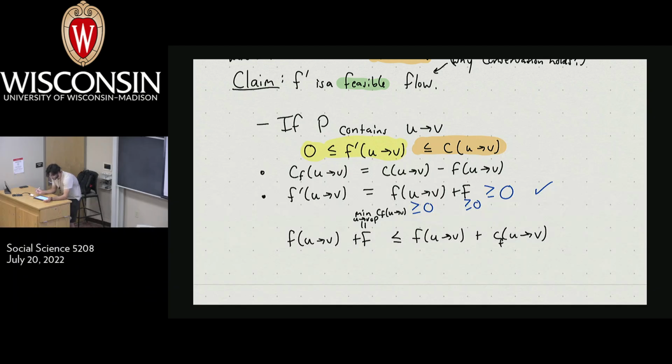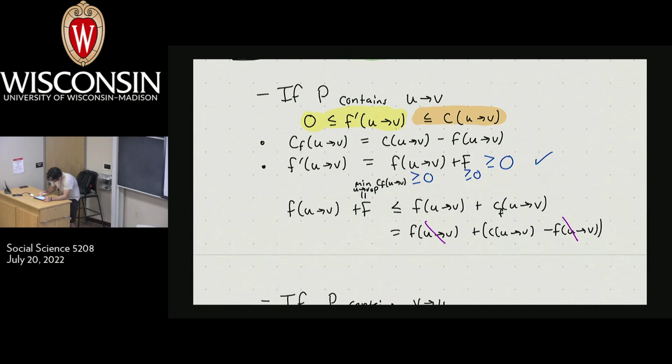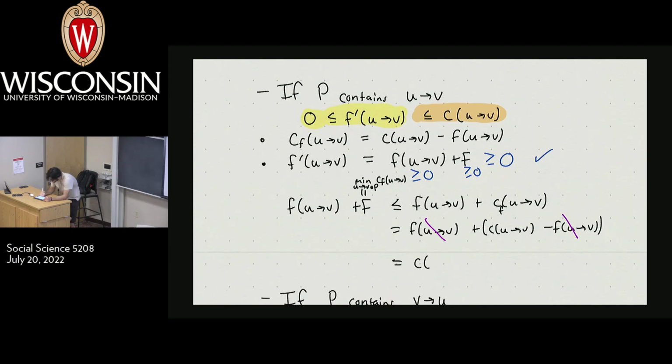So now we know what the definition of CF is, so let's use that. So now we have f of uv plus C of uv minus f of uv. Then we can just cancel these two, and that's equal to C of u to v.